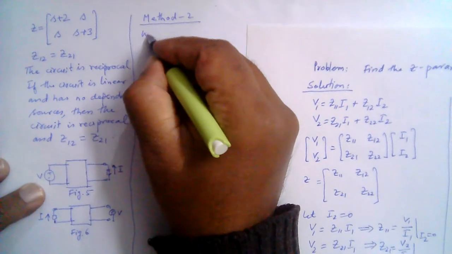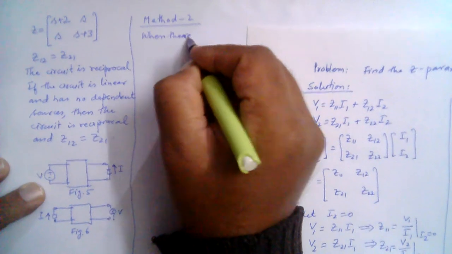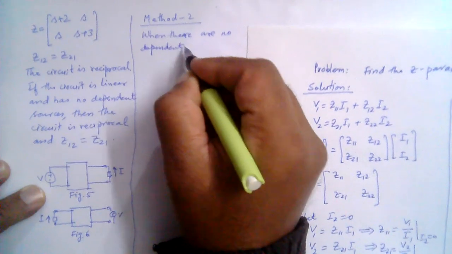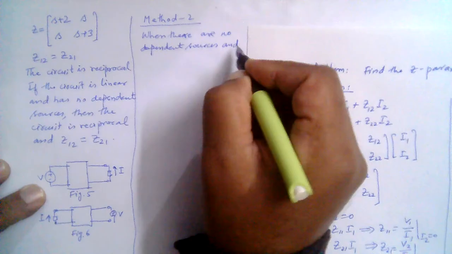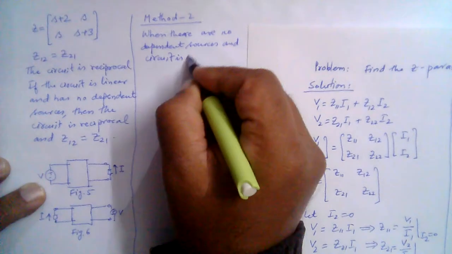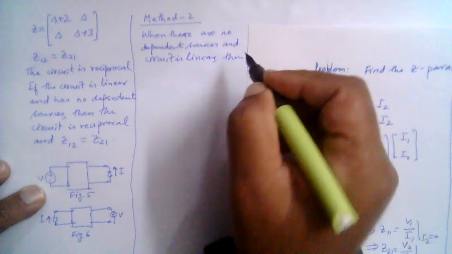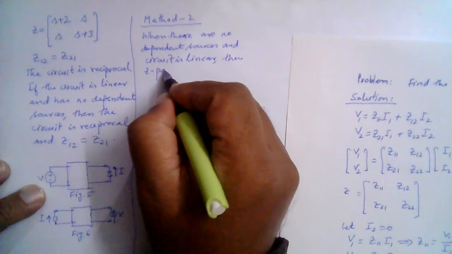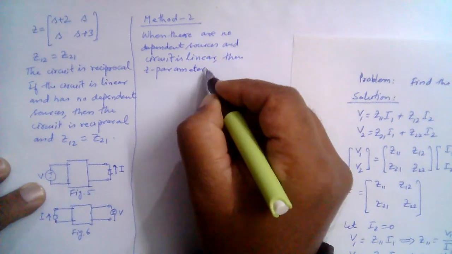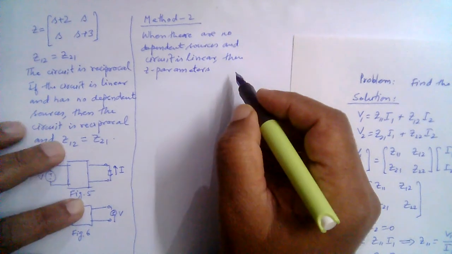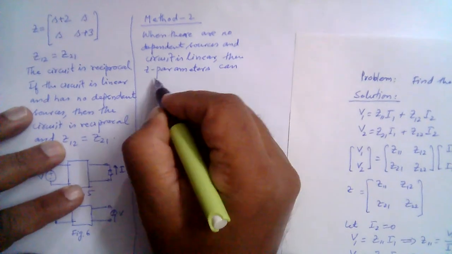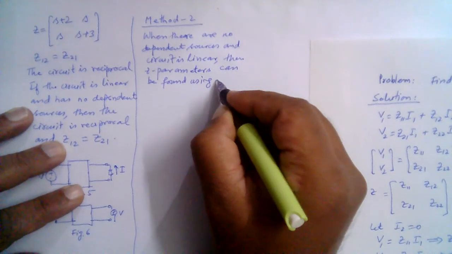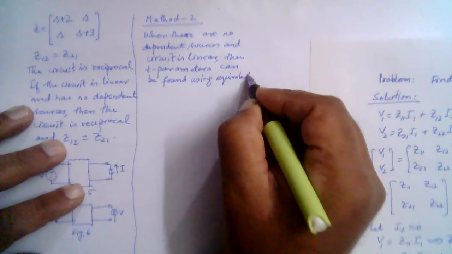When there are no dependent sources and the circuit is linear, then the Z parameters can be found using the equivalent T network.